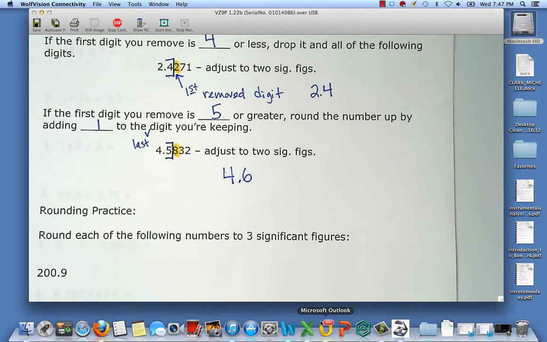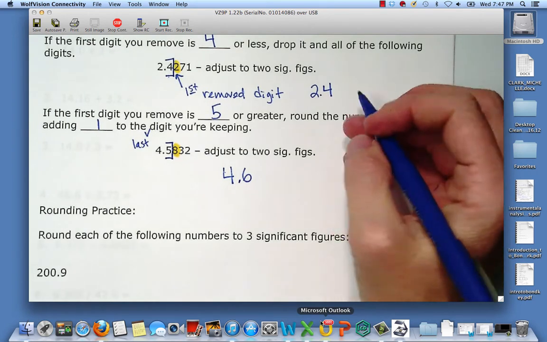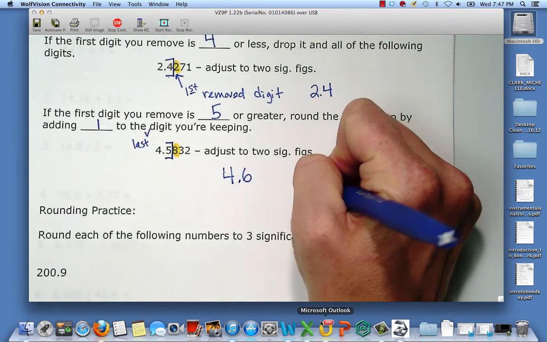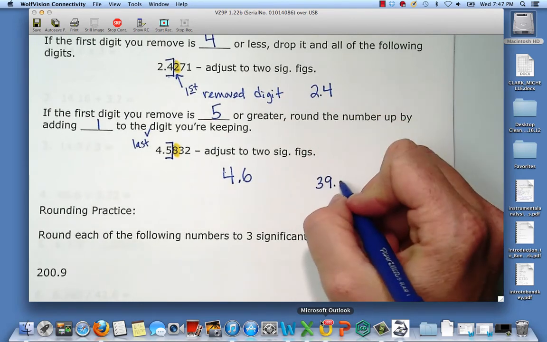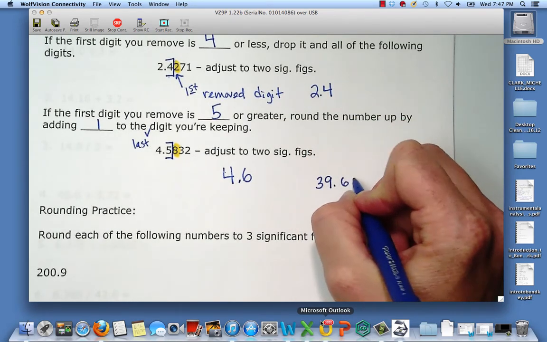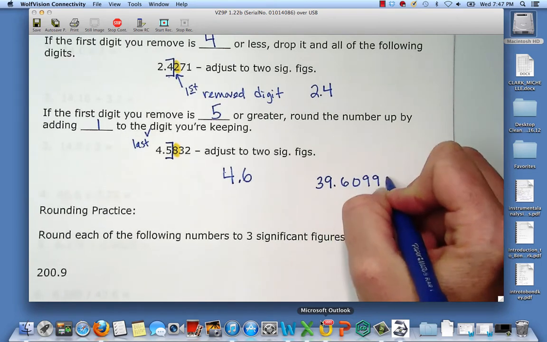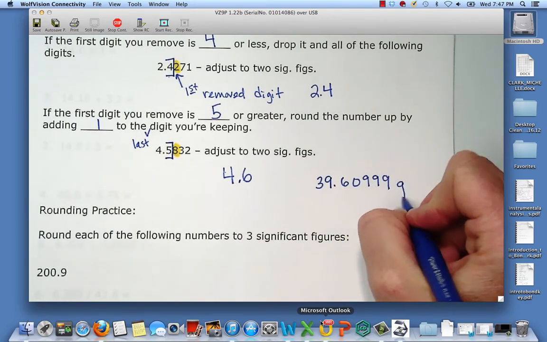A lot of times students will go through the calculations with the sig figs and they'll count them, and then they get hung up on rounding. So if I have a number 39.60999 grams, let's say.